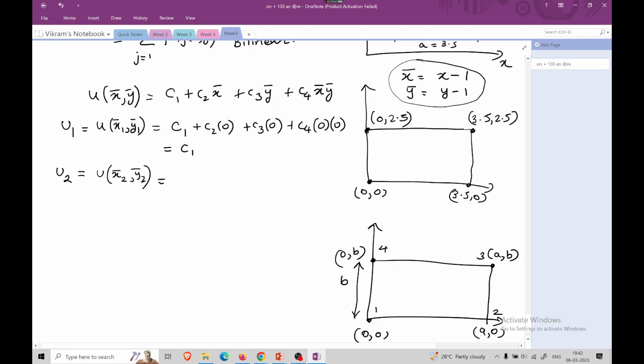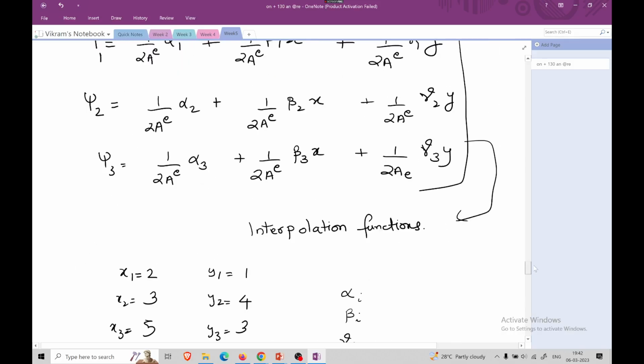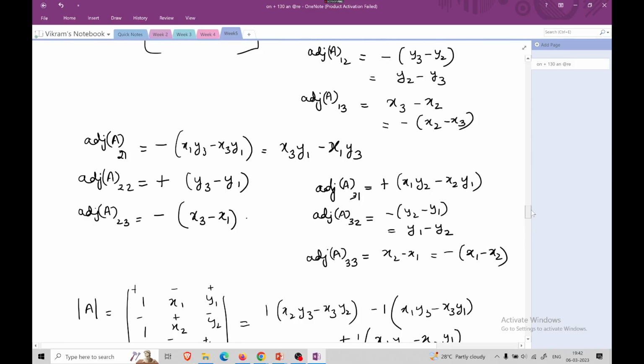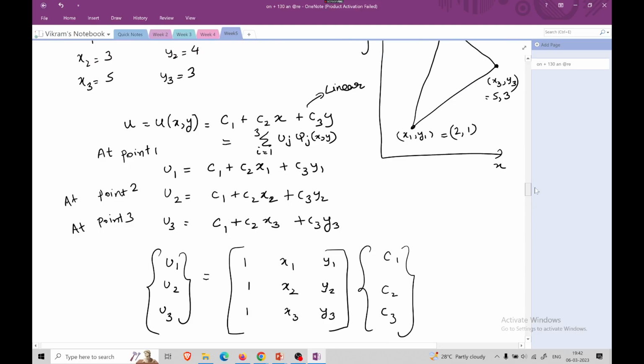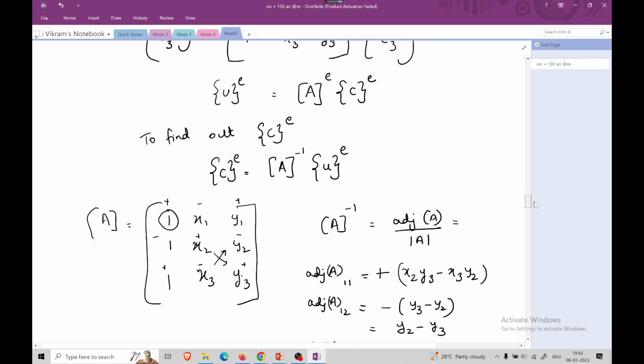So x2 comma y2, my x2 is going to be a, and y2 going to be 0. So C1 plus C2a plus C3 into 0 plus C4 into a into 0. If you see the difference between the last problem and this problem, in the last problem we kept everything in general coordinates as x1 y1, x2 y2 and x3 y3.